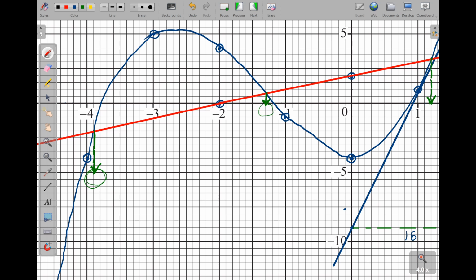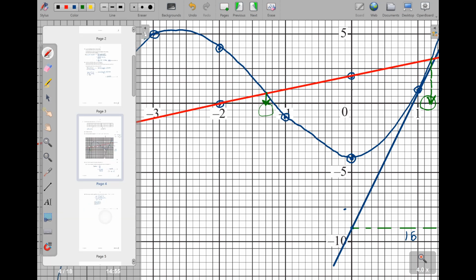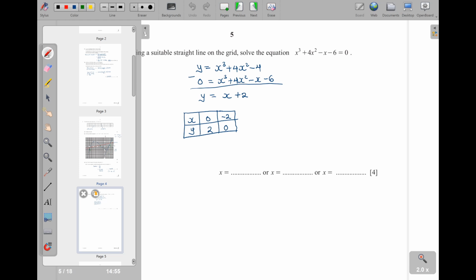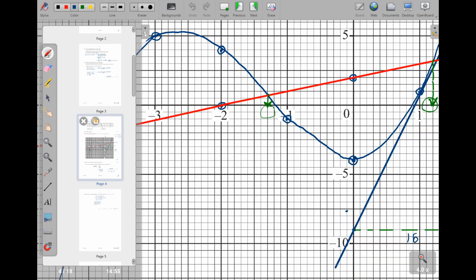Okay, negative 1.3. And then when I come to this other one here, it is 1.2. Okay, I have 1.2. So I will go to this side and I write those answers. I have 1.2.